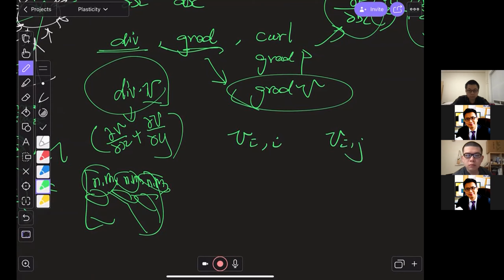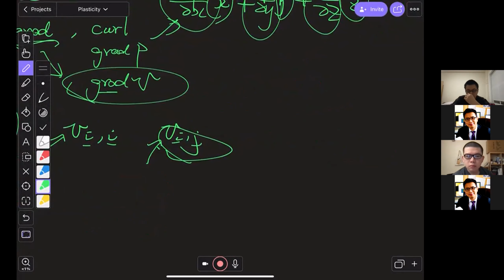One thing you may notice is that in Einstein format, if you see the same index repeated, the dimensions of your physical quantity reduce. V is a vector, but the divergence of V is only a scalar. Here V is a vector, but the gradient of V is a second order tensor, because there are two indices.